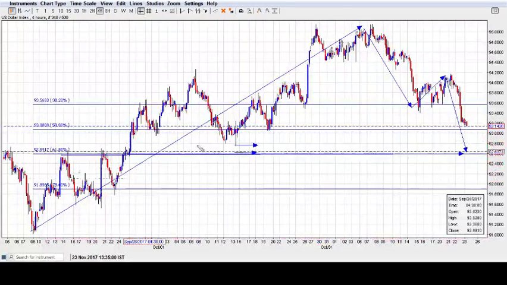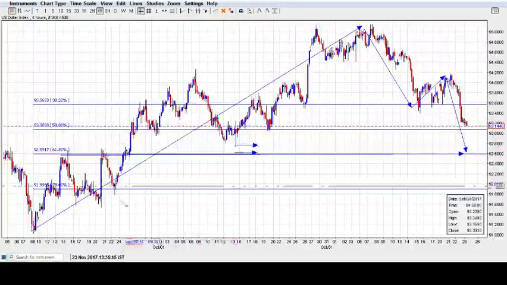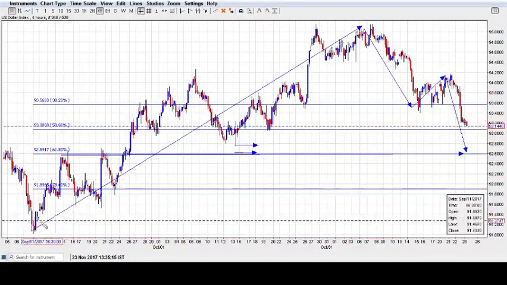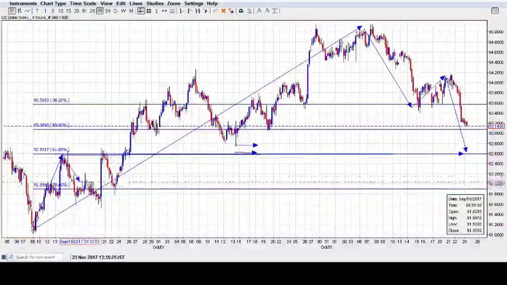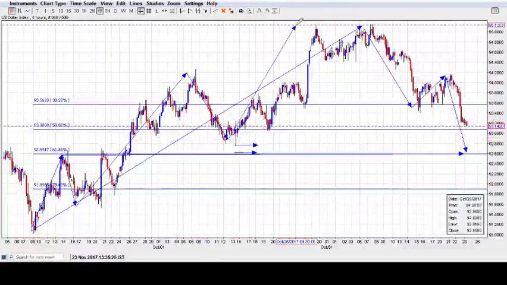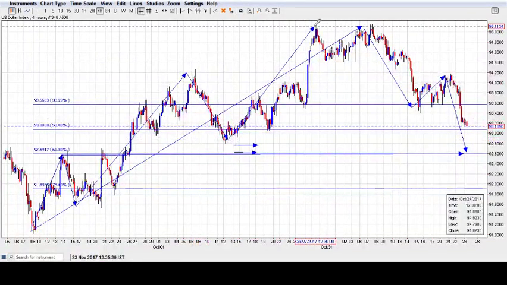So the wave structure indicates a clear story about the entire rally being an impulse, 5 waves here. Subsequent counter trend ABC as wave 2.